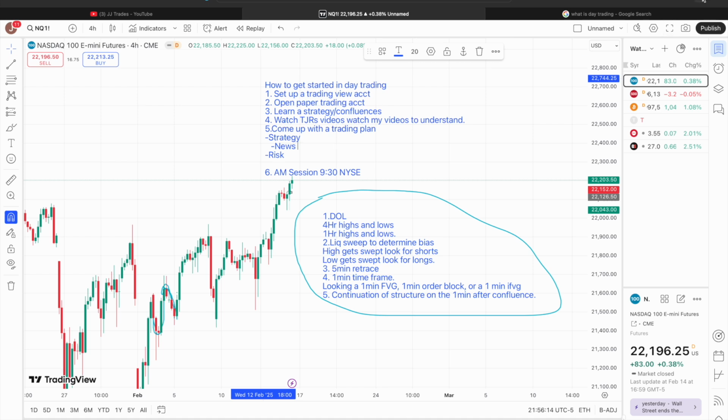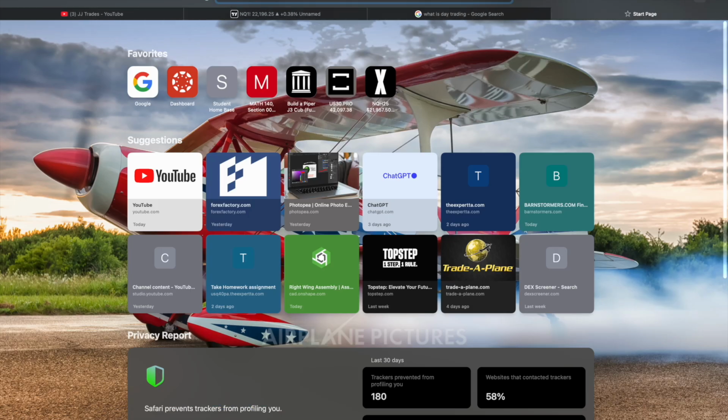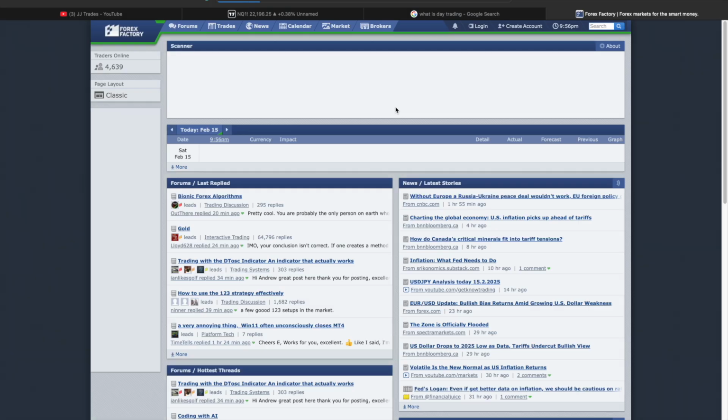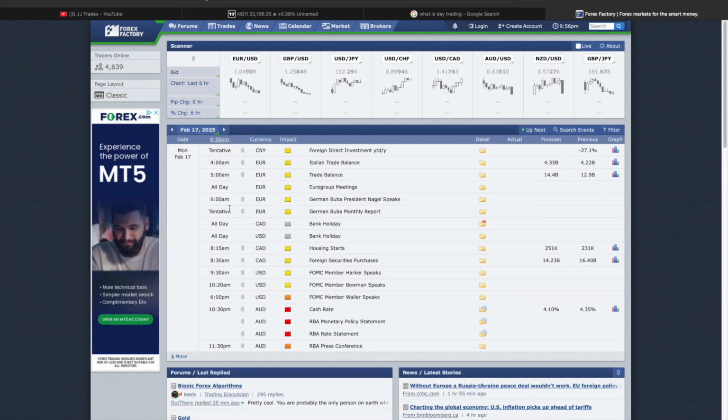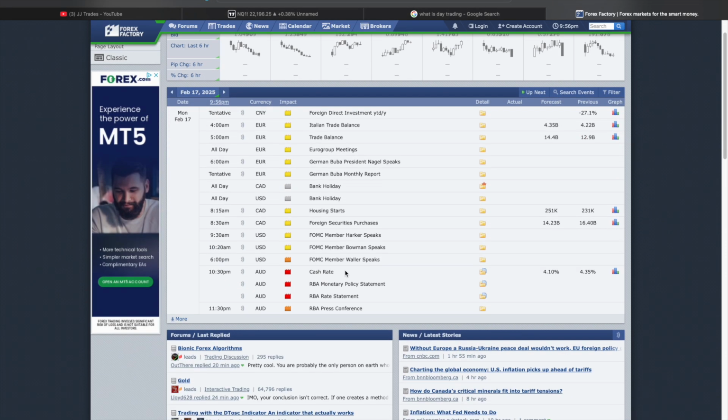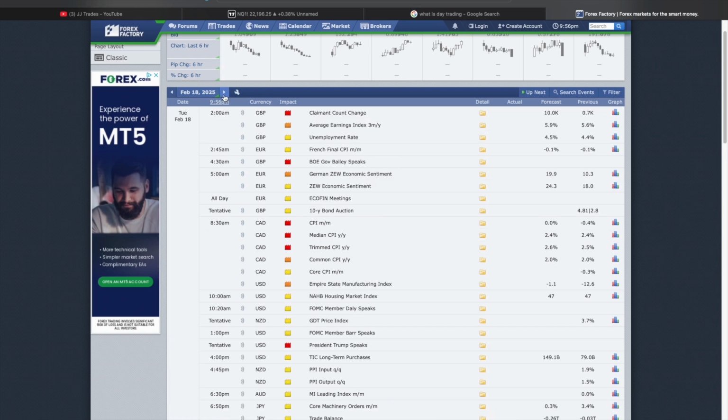So another website that you will grow to love is Forex Factory. This here is all the economic news you will ever need. It's a completely free website. You can see red folders. This isn't for USA or USD, so it's not for futures. But like right here, President Trump speaks is a red folder, tentative.